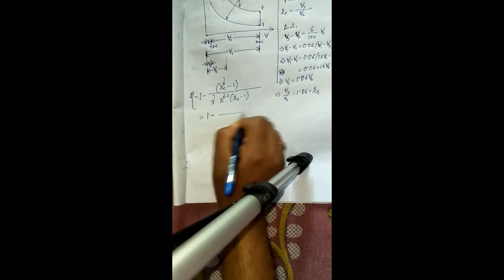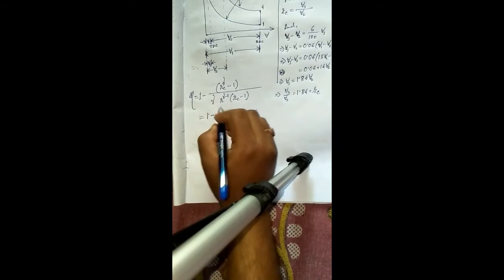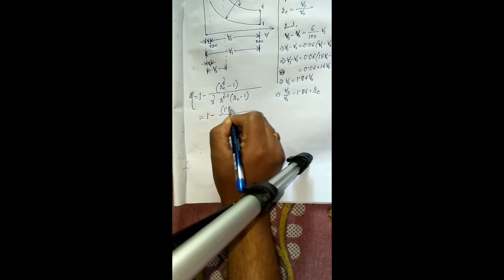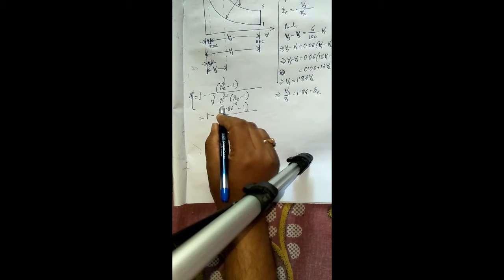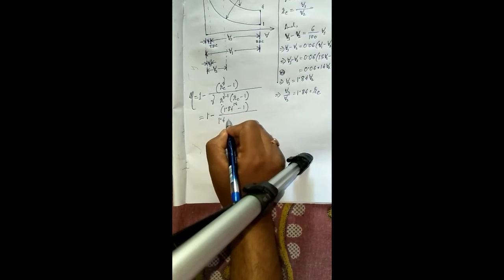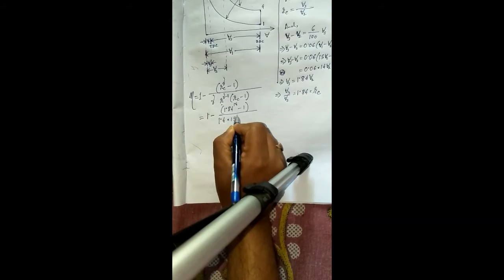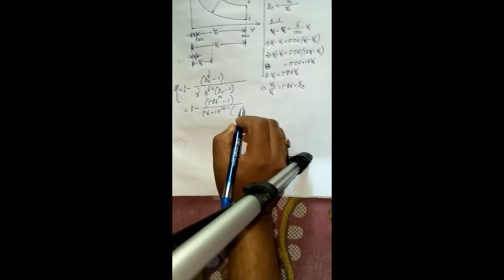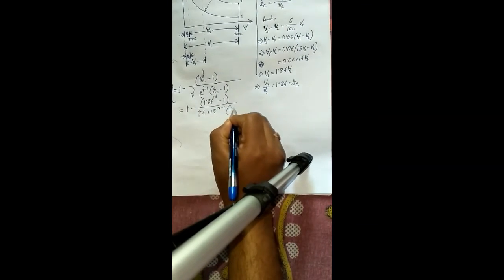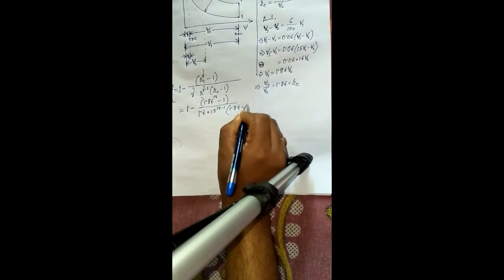Okay, so let's put all the values in this equation. 1 minus 1 by 1.4 into (1.84 to the power 1.4 minus 1) divided by (15 to the power 1.4 minus 1 into (1.84 minus 1)).